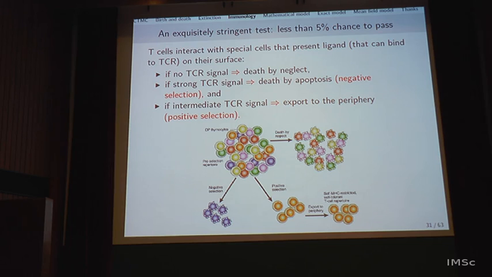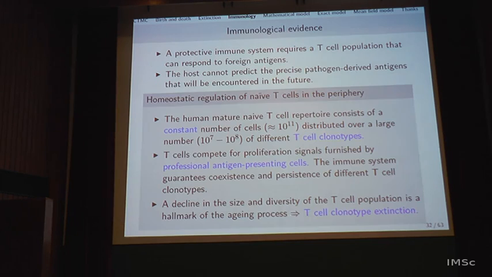And if the signal you get through your T cell receptor is intermediate, you are the lucky winner, and you get exported to the periphery in something called positive selection. So that's the immunology.